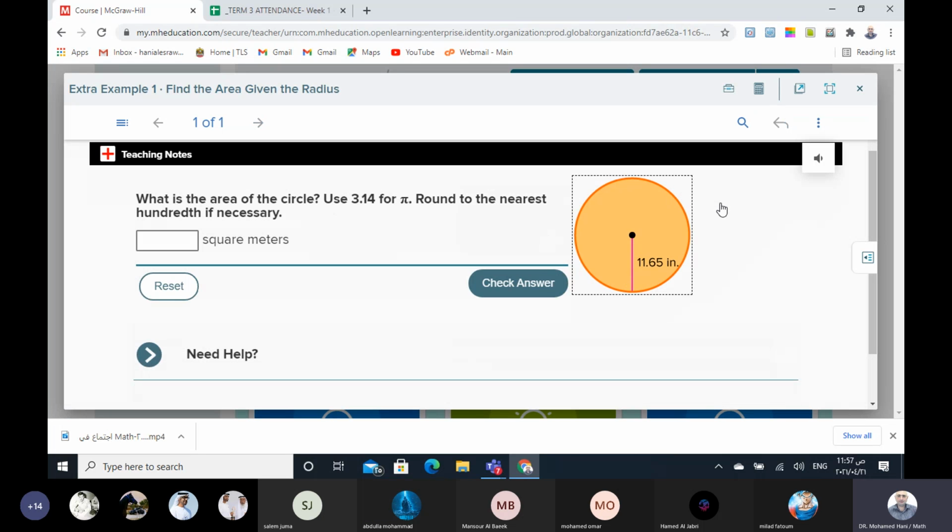As you see, this is the circle, this is the center of the circle, and this is the radius. The measure of this radius is 11.65 inches. Start please and tell me what is your answer.